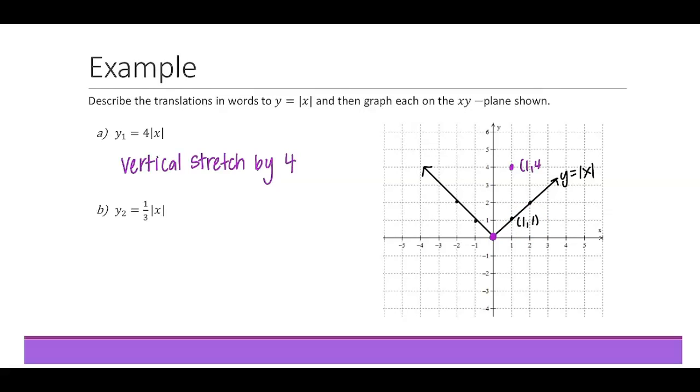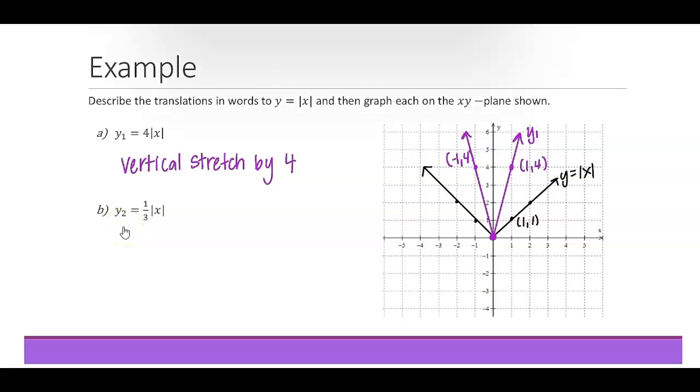So my new coordinate point will be at (1, 4), and at (negative 1, 1), I will be at (negative 1, 4). So if I connect those points together, I can see that my graph has been vertically stretched, think up and down. So my y1, 4 times the absolute value of x, is a skinnier v that's inside y equals the absolute value of x.